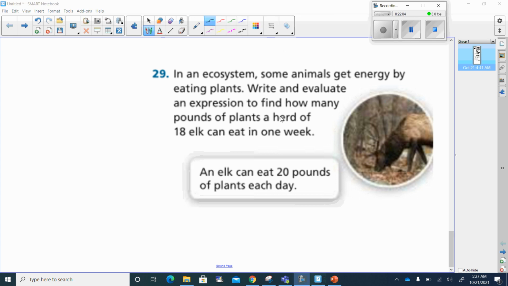Well, the first thing we need to do is how much can one elk eat in 1 week? And since he can eat 20 pounds each day, we know that that's going to be 20 times 7. If there's 18 elk, we know after we found that answer, we're going to be multiplying our answer by 18.